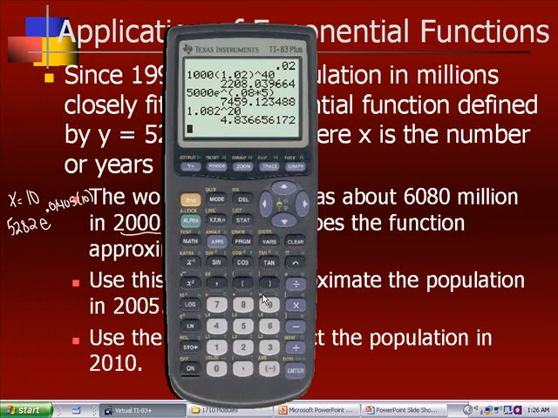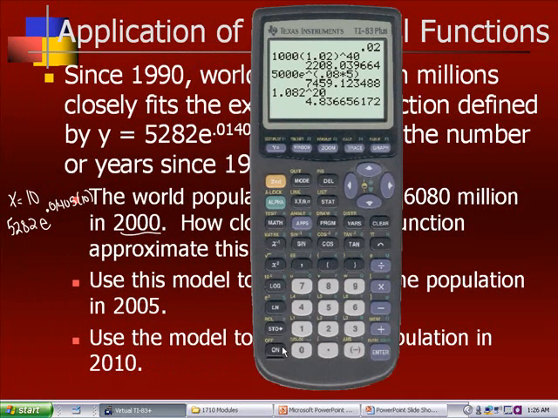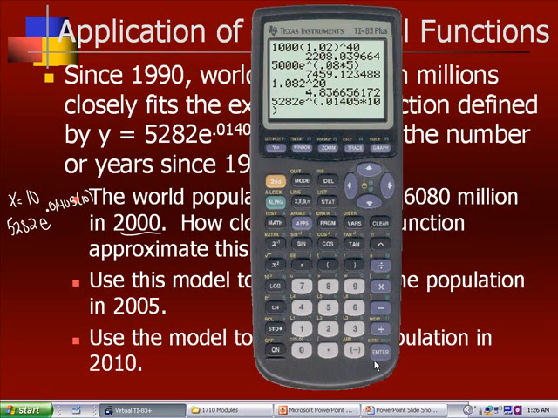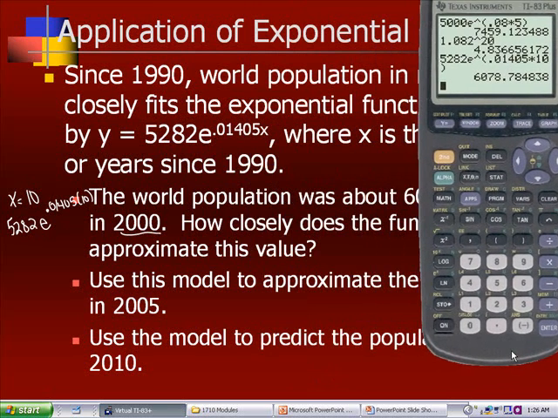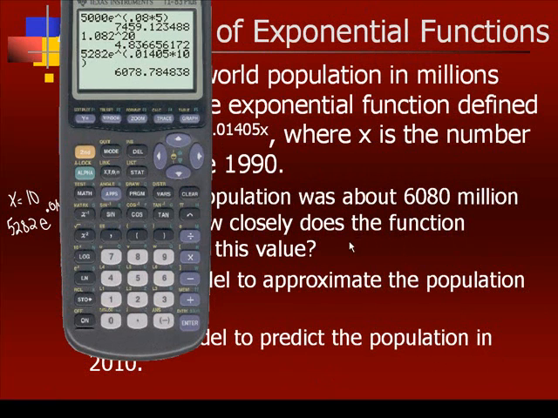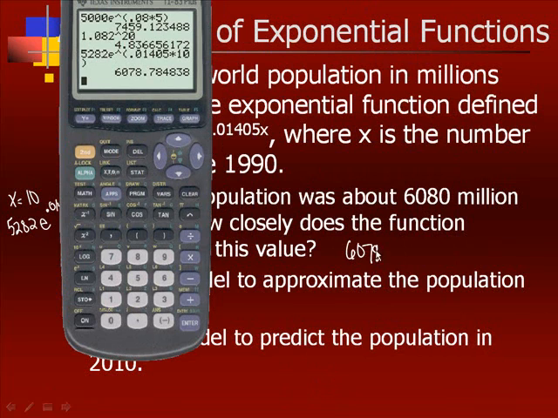On our calculator, that's 5,282 times e to the power of 0.01405 times 10, because it is 10 years after 1990, and that would give us 6,078.78.